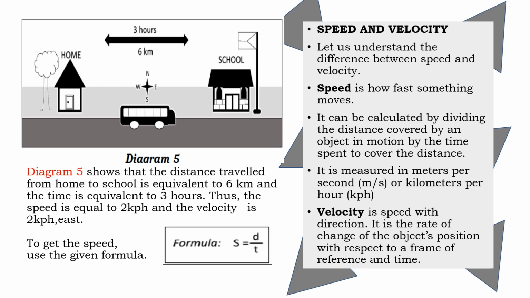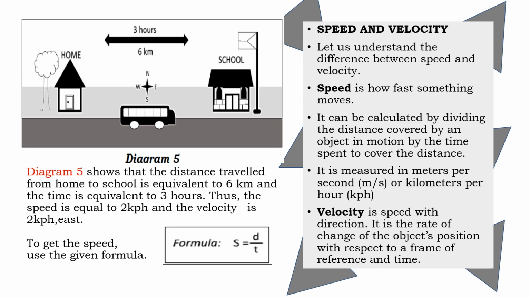However, velocity is speed with direction. It is the rate of change of the object's position with respect to a frame of reference in time. Look again at the diagram.